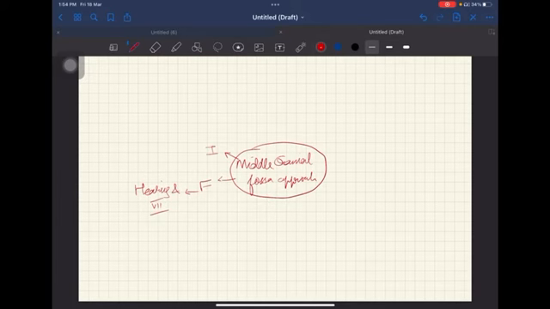The indications are small intracanalicular tumors, and in terms of size less than 1 centimeter. Contraindications would be tumors more than 2 centimeters in size and tumors involving the CP angle.